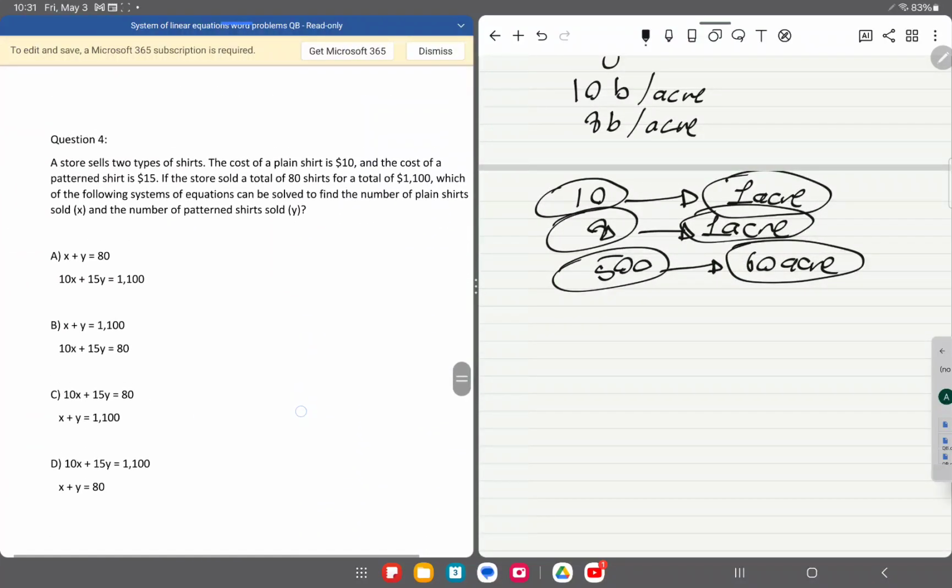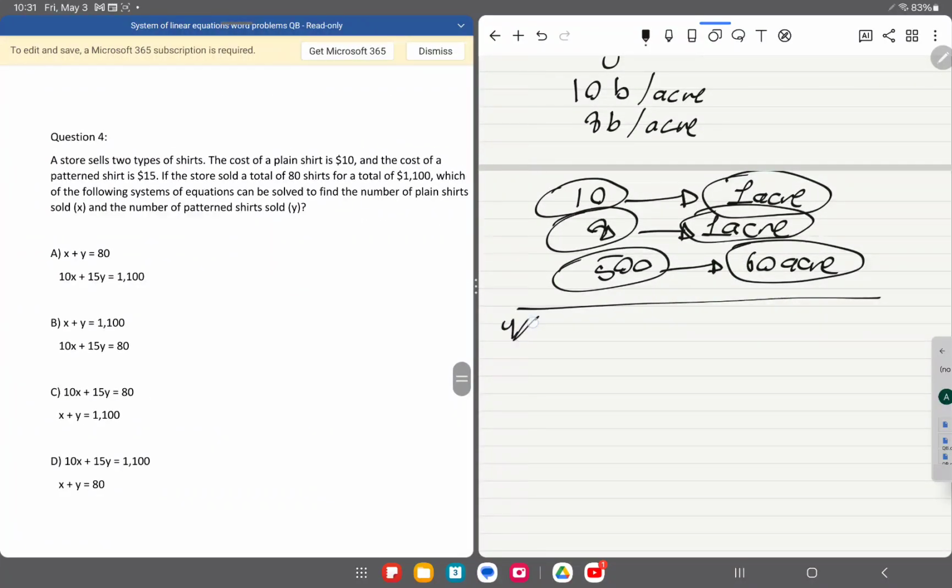Okay, now number 4. Let's look at number 4. A store sells 2 types of shirts. The cost of a plain shirt, so plain shirt X, is $10.